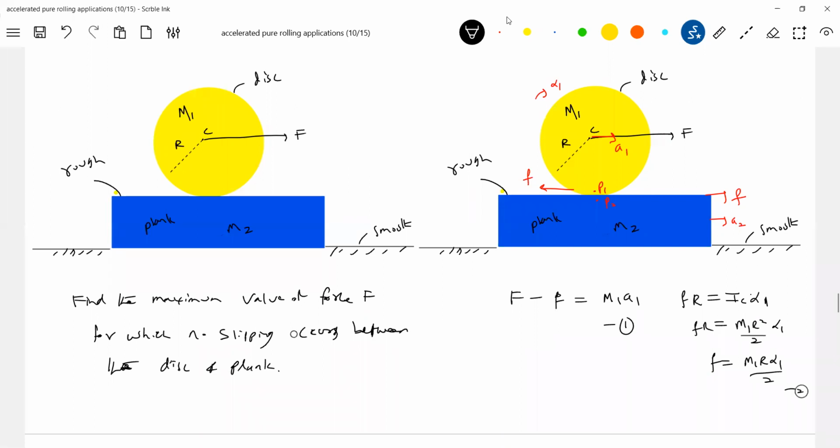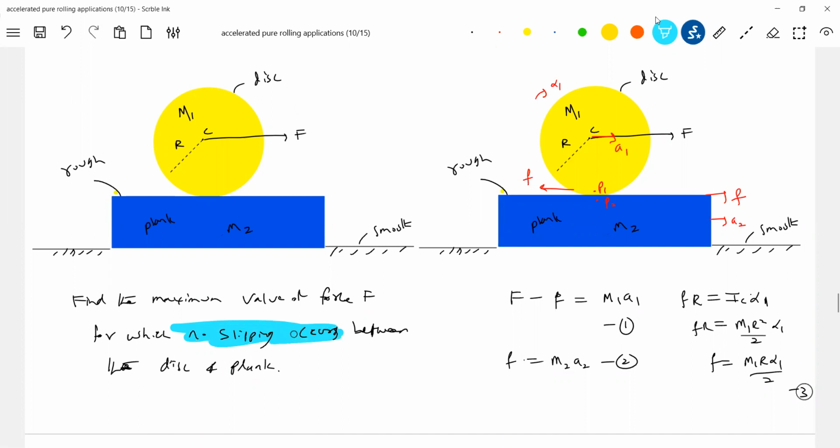Then for the plank, f should be equal to M2 A2. How many unknowns are there? A1, A2, alpha 1 and friction. 4 unknowns. We need one more equation: no slipping occurs. What is the meaning of no slipping? The acceleration of point P1 must be equal to point P2.